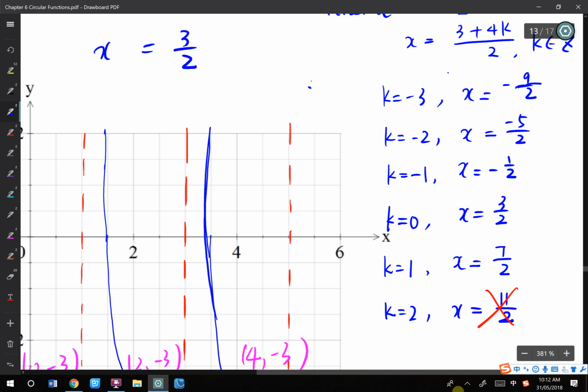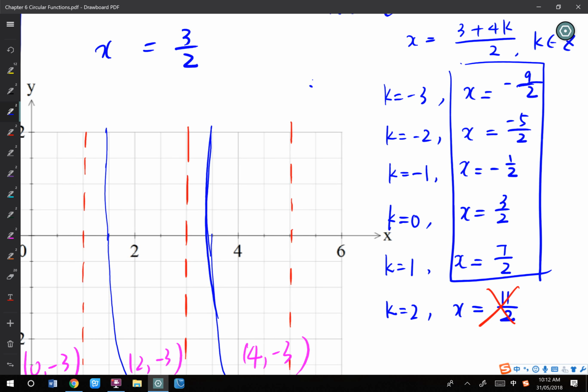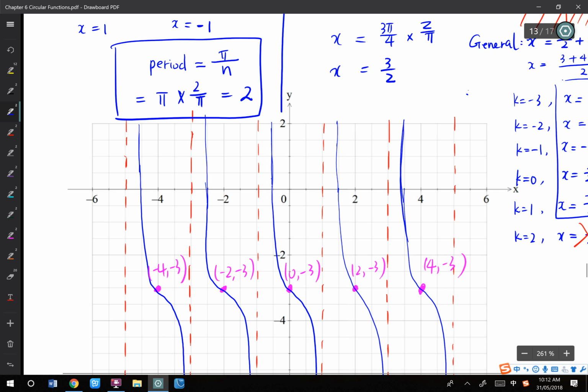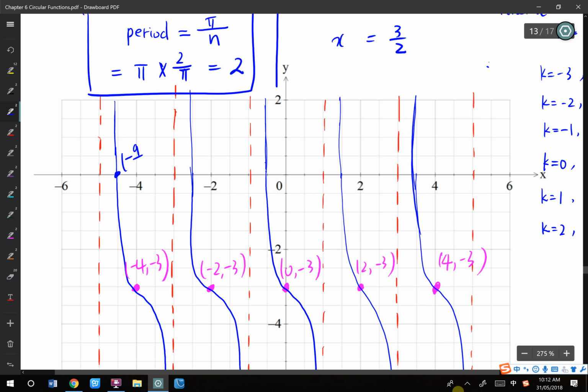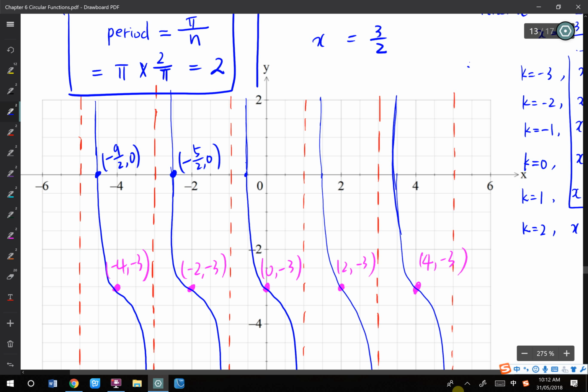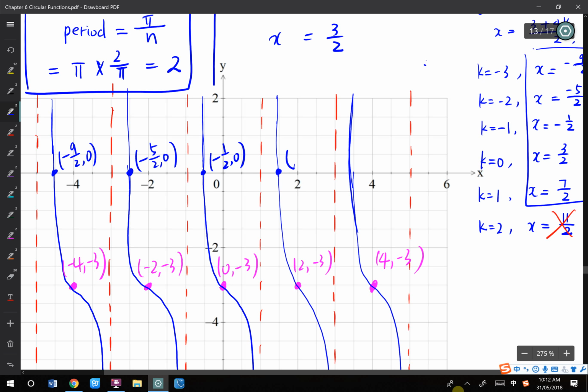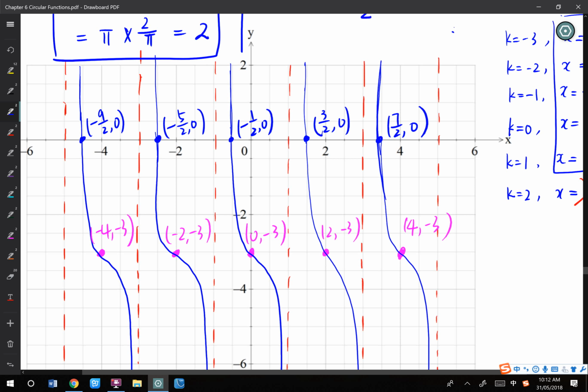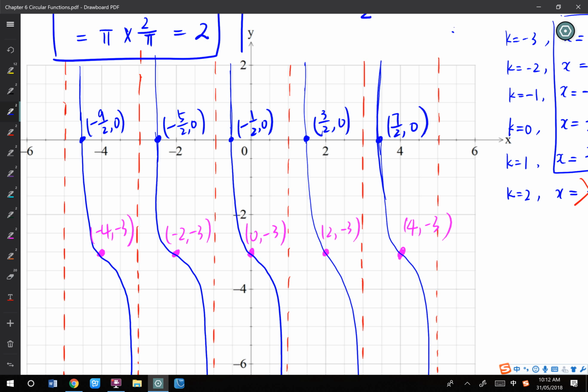So these are the values for the x-intercepts. We have the points (-9/2, 0), (-5/2, 0), (-1/2, 0), (3/2, 0) and (7/2, 0). That's the five x-intercepts.